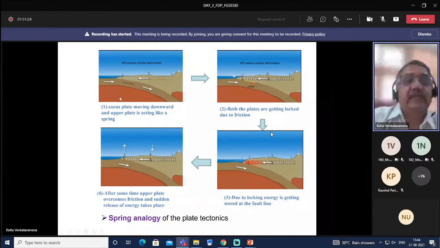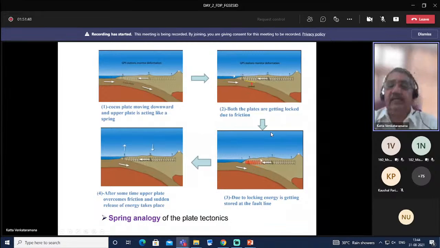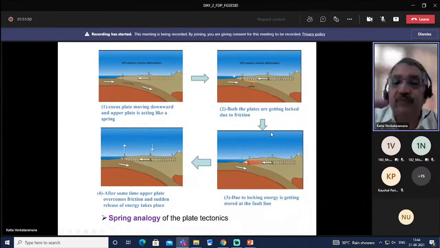So let us see the movement here. This figure 1 shows the Cocos plate moving downward, and this is the North American plate. The upper plate is acting like a spring. In the second figure, both plates are getting locked due to friction, and strain energy builds up, shown in red.